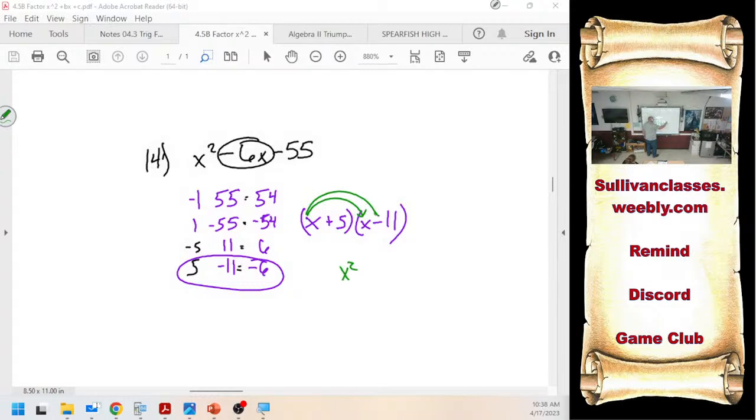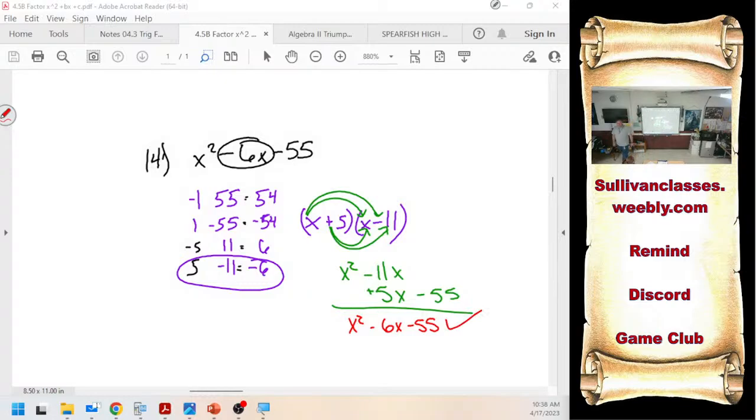What's x times a negative 11? What's 5 times x? And it's positive. 5 times a negative 11. And if I add all those together, I get x squared minus 6x minus 55, which is what I started with. So I know I'm right.